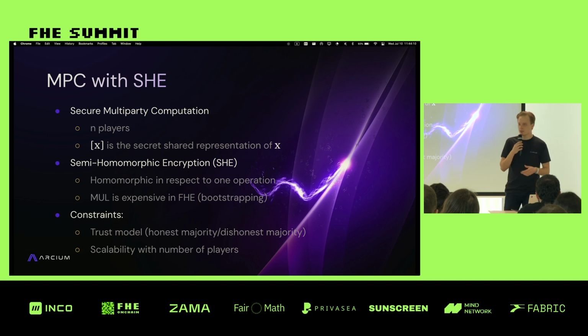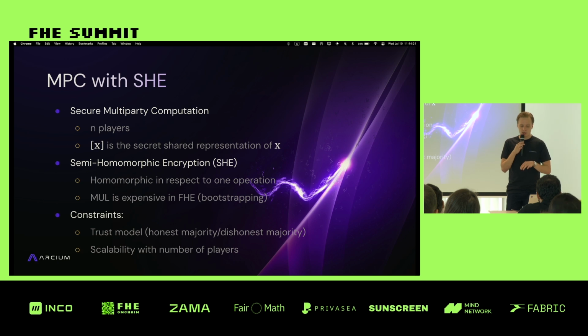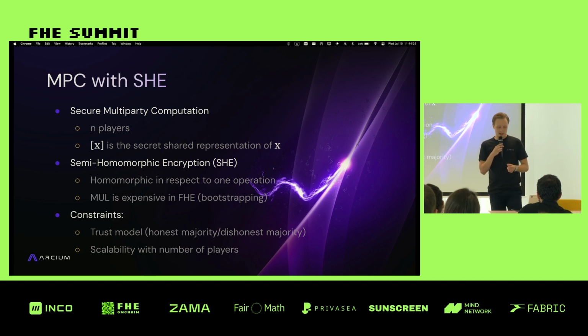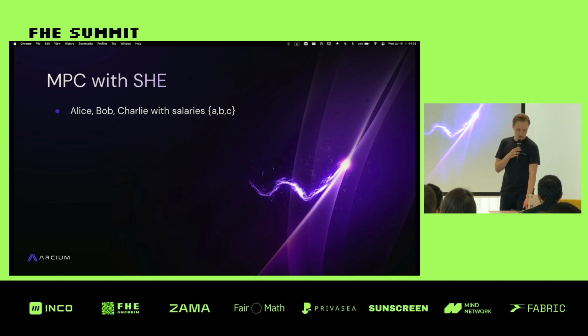But there are differences in performance by default for honest majority and dishonest majority protocols, but the tweaks that I'll show you in a second for dishonest majority protocols really allow them to be quite efficient. And scalability with the number of players is also a concern, where I'll show you an optimization technique in a second. But let's start. Let's skip that again.